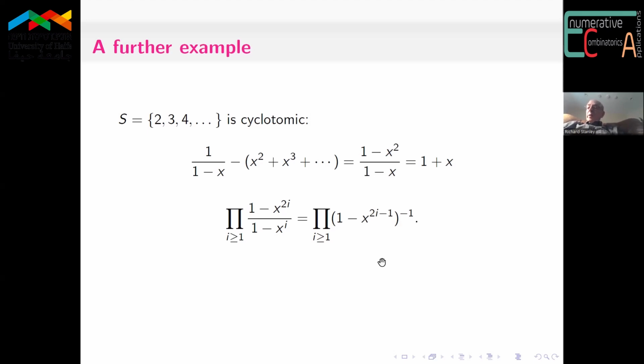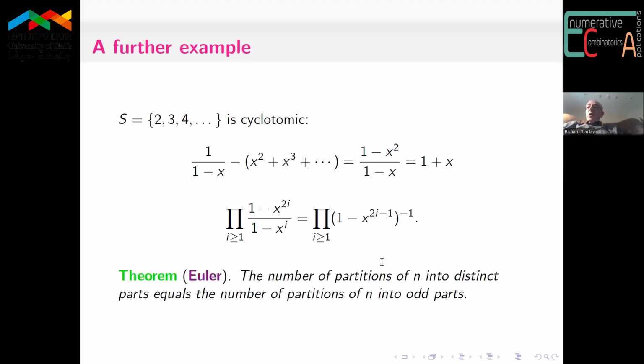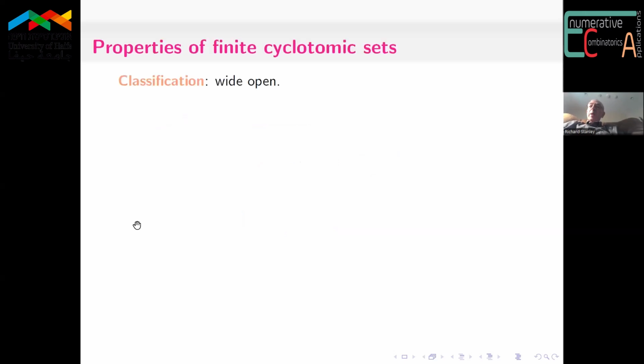So we get the well-known and famous result of Euler: the number of partitions into distinct parts, because we've excluded all part multiplicities 2, 3, 4, etc., so every part appears at most once, equals the number of partitions of n into odd parts. So Euler's identity is part of this setup of cyclotomic sets.